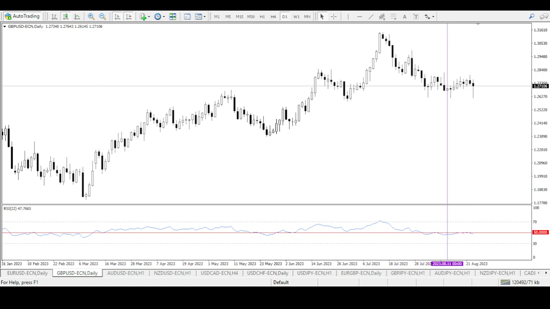The UK GDP, which was released on August 11, was significantly positive, and the data which came in the last 2 weeks from the UK was also positive. For example, jobless claims, hourly earnings, and most importantly, CPI was also better than forecast.